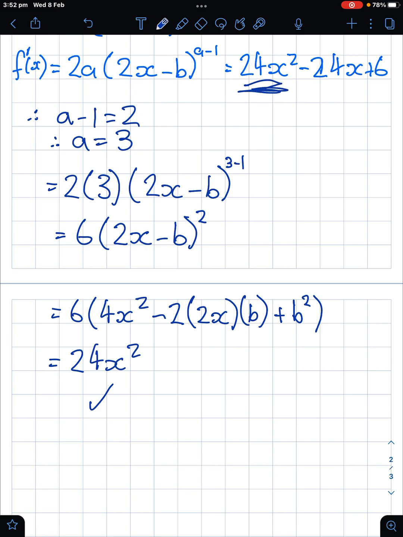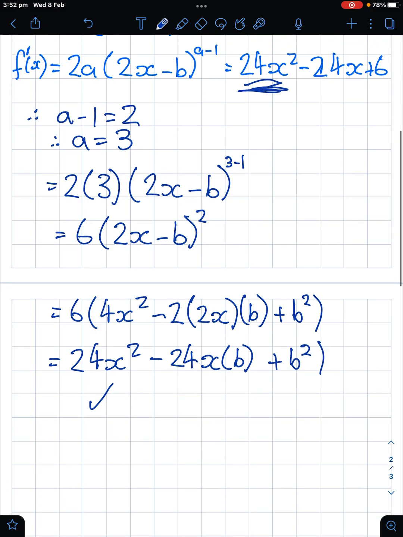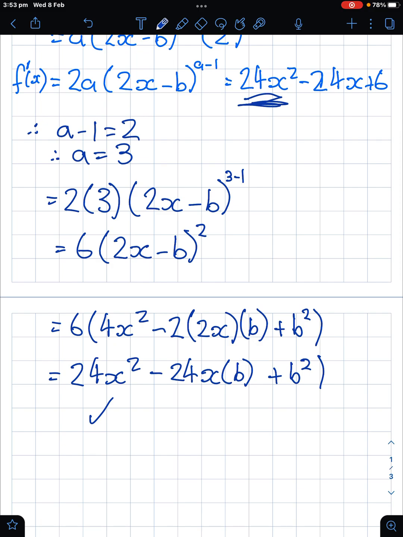Then 6 times negative 2, negative 2 times 2 is negative 4, so 6 times negative 4 is negative 24, x times b, plus b squared. Now looking at our equation, we've got plus 6 as our constant, so b squared has to equal 6. Oh, sorry, I've stuffed up here.